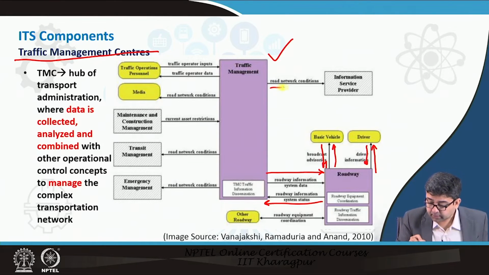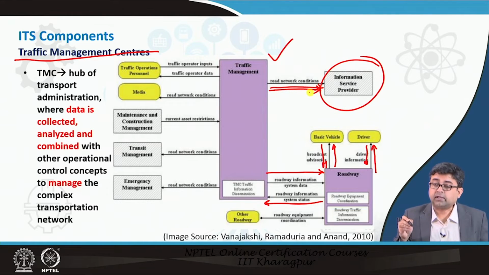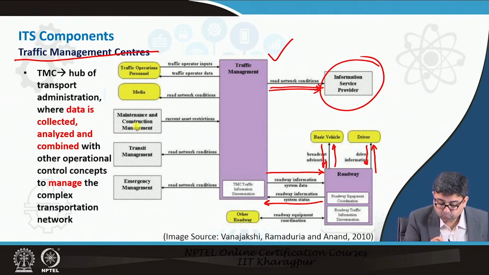Similarly, roadway network condition information is going out from the traffic management center to the different ISPs. Google and others are getting all the information about the roadway network condition from these TMCs, and it is one-way information that is going out. Similarly, there is a lot of one-way information coming into the TMC, such as maintenance and construction management.